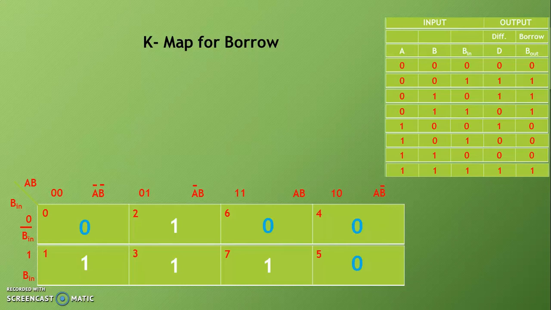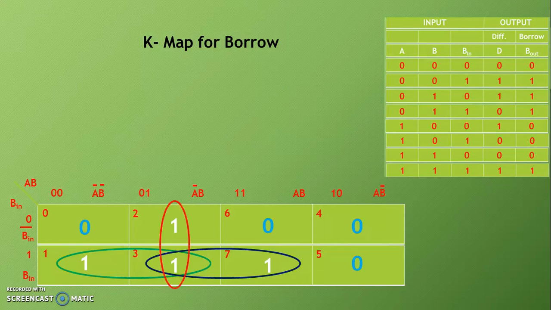Now we have a possibility of the pair. So we have first horizontal pair, and with the overlapping, we have second overlapping pair, and with the still overlapping, we have third pair, that is vertical. So we have 3 pair, and we can write the product terms for each pair. So based on the grouping, now we have 3 groups, and we can write the Boolean function in SOP form with 3 product terms.